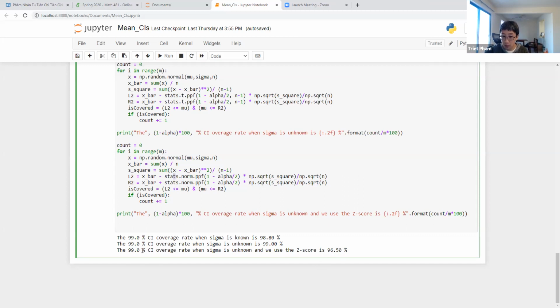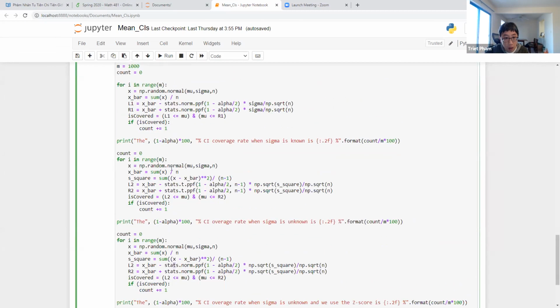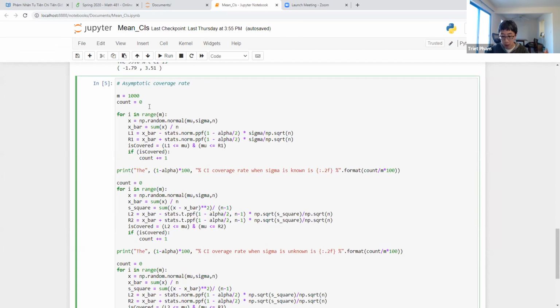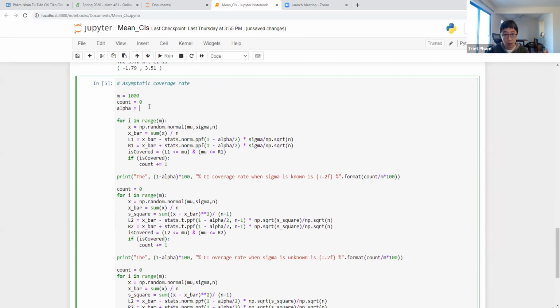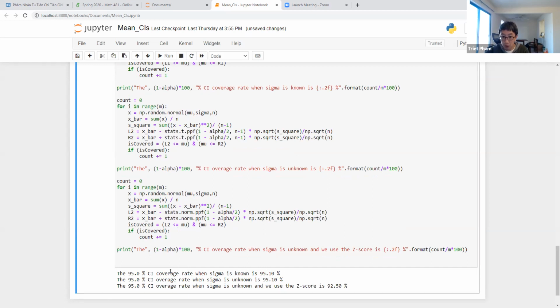Can I change alpha here for you? Let me change alpha to 0.05, and you see the same thing happens. They cover slightly more, but it's roughly 95% when you use the z distribution and the t distribution. But when sigma is unknown and you use the z distribution, you are definitely undercovering.